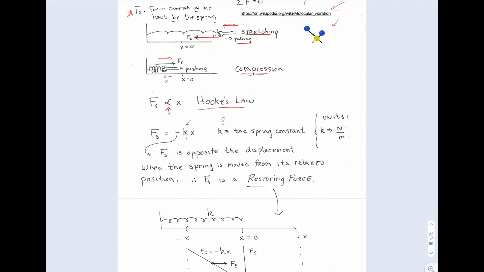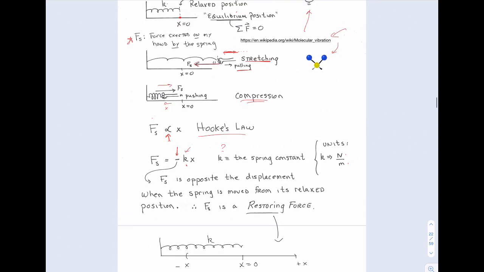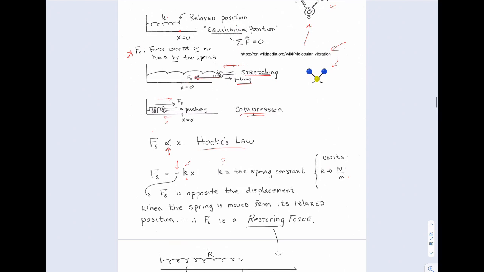Now, the important part is the minus sign. Where did that come from? The minus sign means that the spring force is opposite the displacement when the spring is moved from its relaxed position. Go back to this picture: the spring's at its relaxed position. If I displace the spring to the right, the spring force is back to the left.